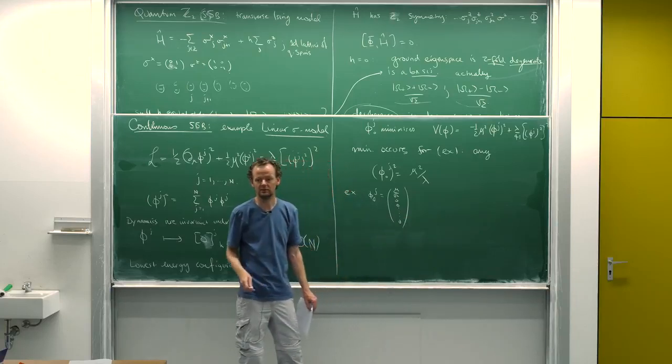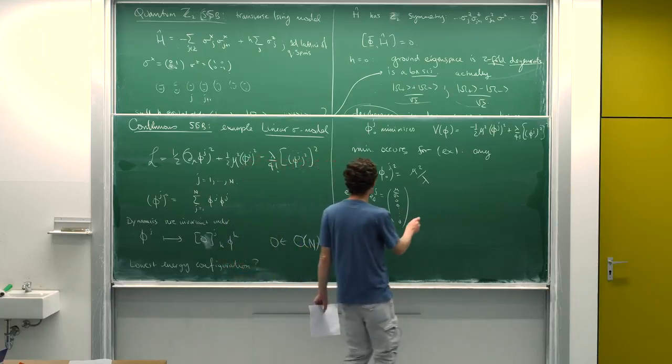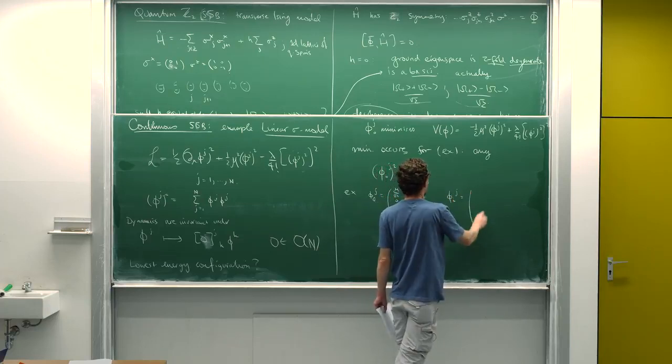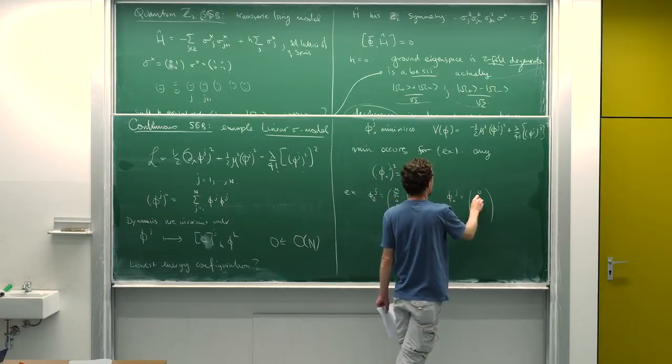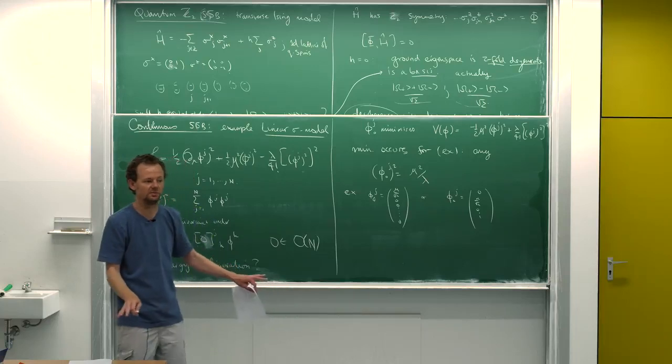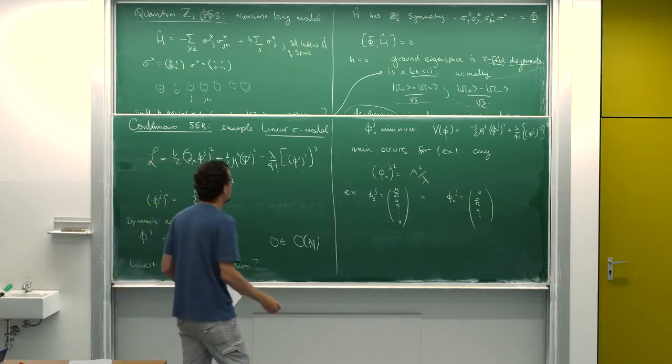That would satisfy that condition. Or this would satisfy the condition, and so on. So there's lots and lots of possibilities, and any superposition, so to speak, of those as well would do.